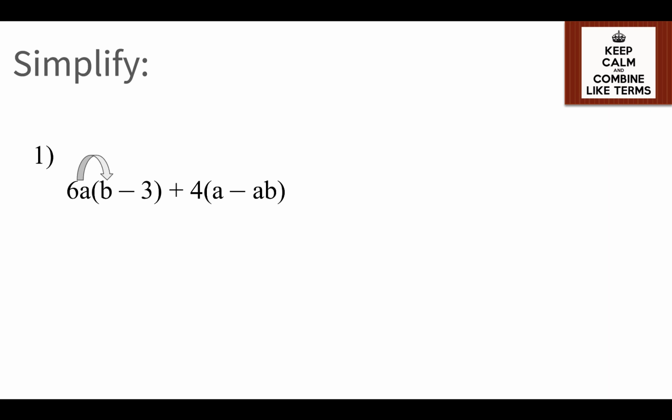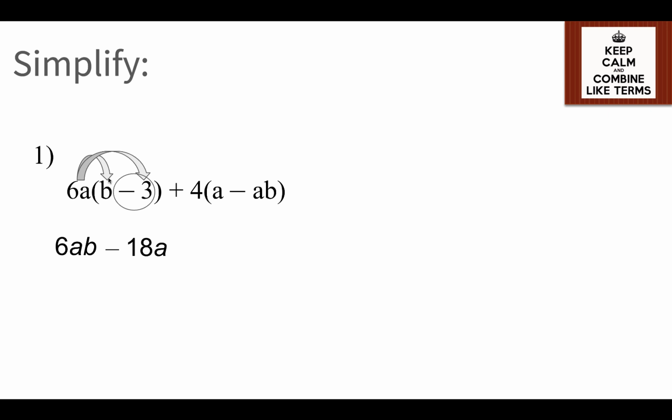So 6a times b, well, that's the same as 6ab. Now it's a minus 3 that comes next. 6a times a negative 3, that's going to give me a negative 18a. Remember, that variable a is attached with the mama bird, so it also needs to get passed.